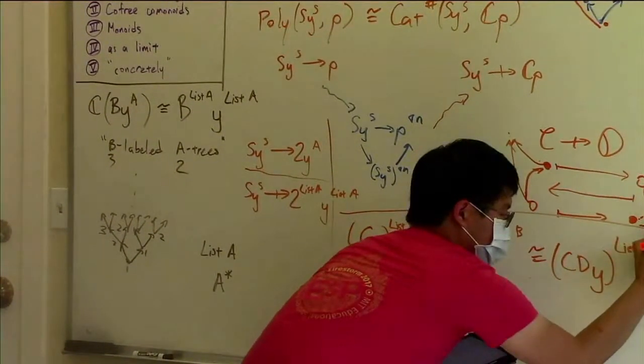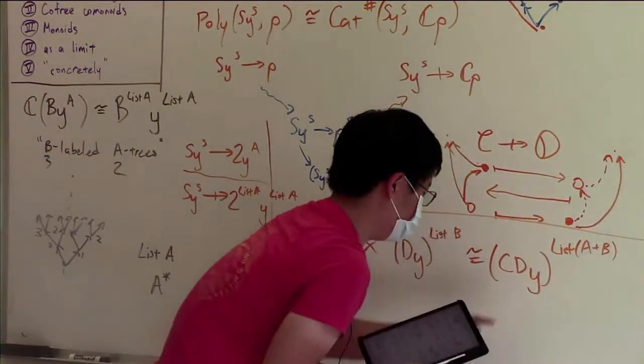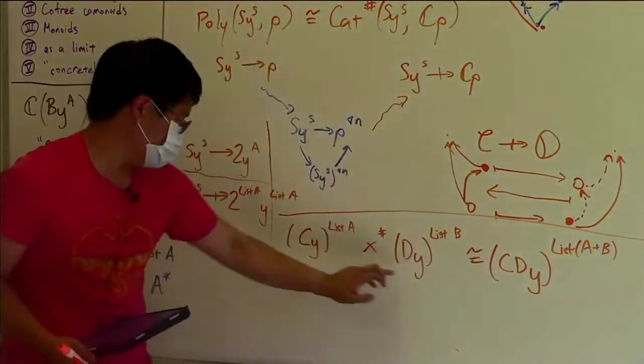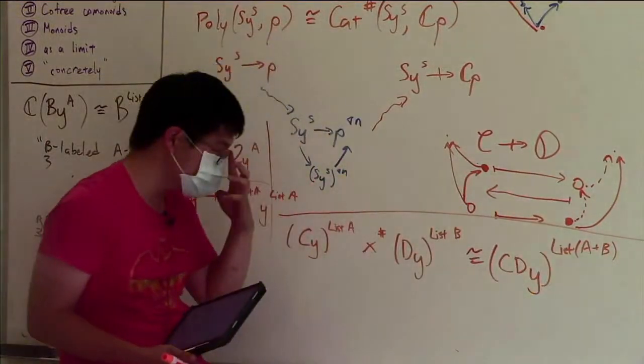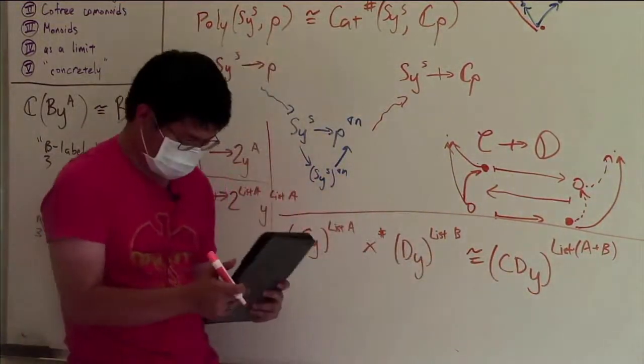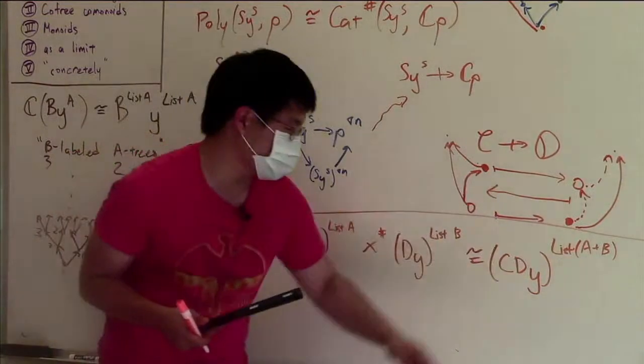Remember, we multiply the positions and add up the directions, and that's the new category we're going to get.